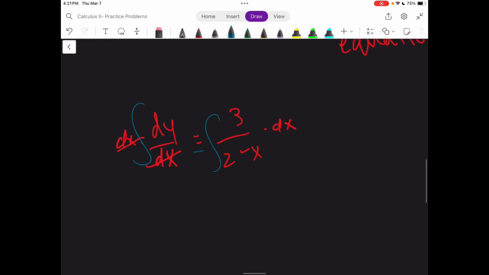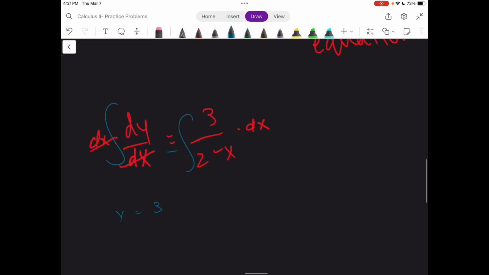Well, the integral of 1 dy is just y. There's where the y comes from. On the right side, this turns into 3, and I guess we should do a u sub. U is equal to 2 minus x, and du is equal to dx.